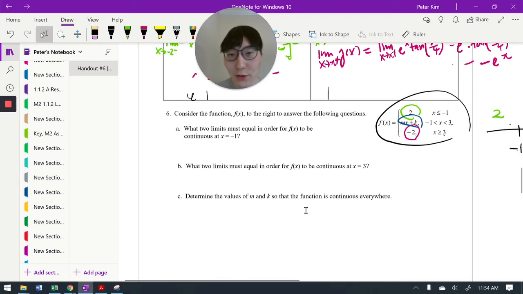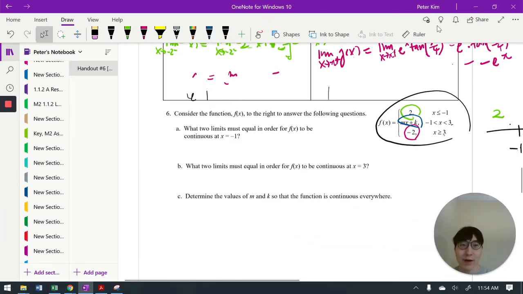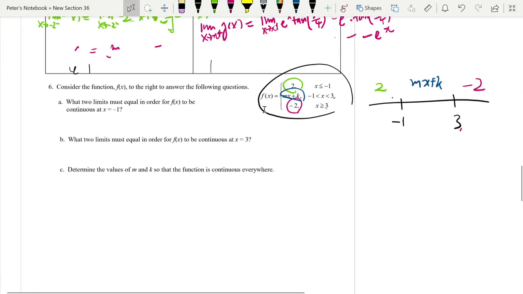So what two limits must equal in order for f of x to be continuous at x equals -1? You know the answer to that. For it to be continuous there, basically the limit of f of x as x approaches -1 from the left-hand side should equal the limit of f of x as x approaches -1 from the right-hand side.